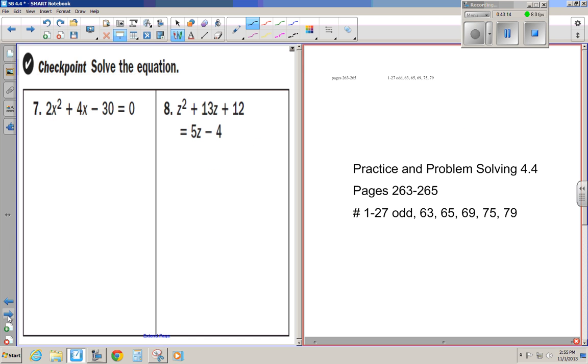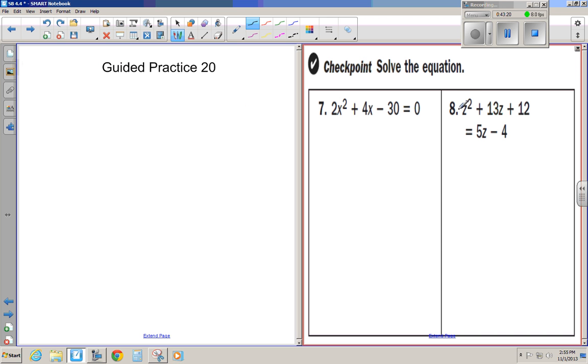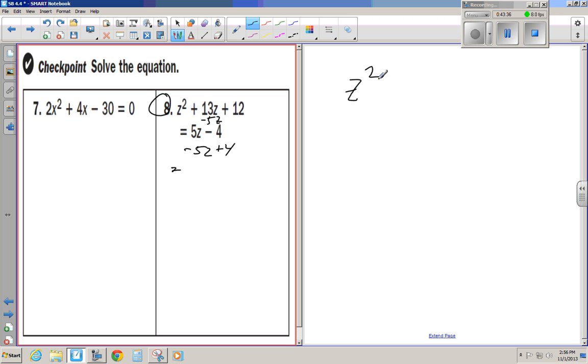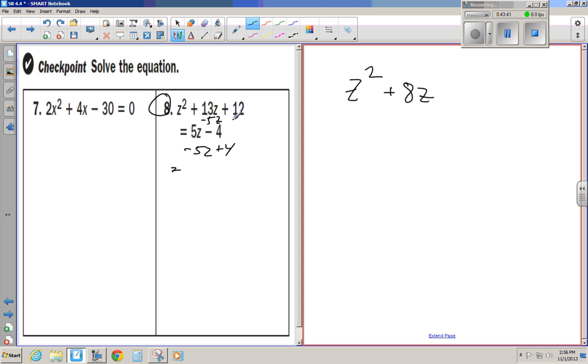I don't want this video to be too much longer, but let's do number 8. z squared, well, I have to subtract 5z and 4 on both sides. So I end up with z squared plus 8z plus 16.